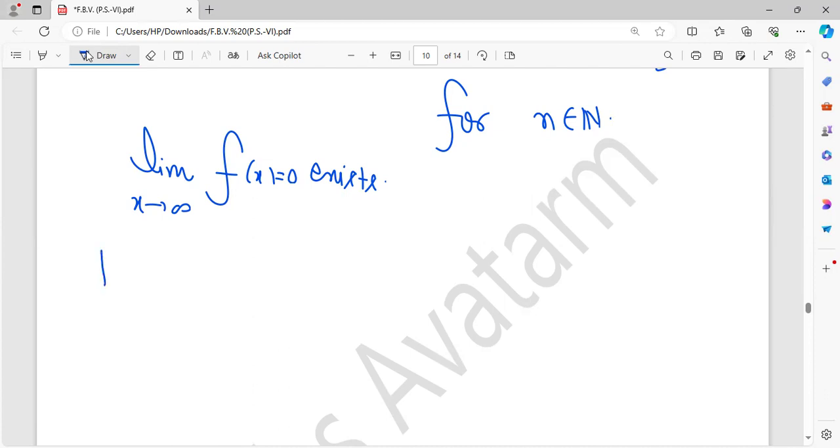P_n is equal to 1, π/2, 3π/2, then π, 3π/2, 2π, 5π/2, and now 3π.